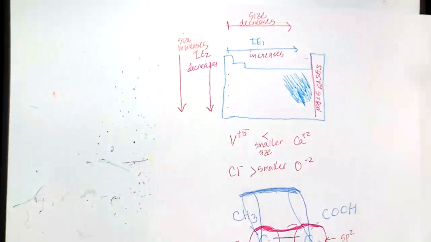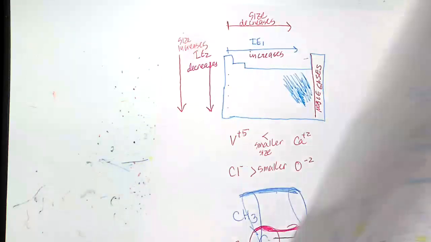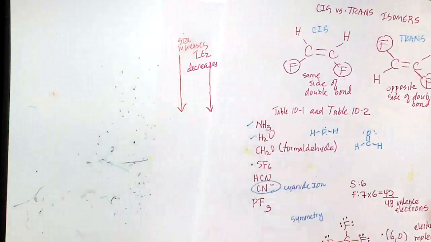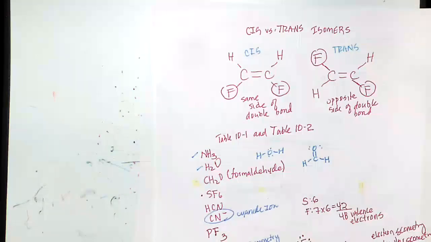Periodic trends. Make sure from the multiple choice you're able to pick out what is the largest, what is the smallest, which has the largest ionization energy, which has the lowest ionization energy. Make sure you are good with the resonance, as I spoke about before. Make sure you're good with these types of Lewis structures. We're looking at molecular geometry, electron pair geometry, hybridization, and whether it's polar or non-polar.